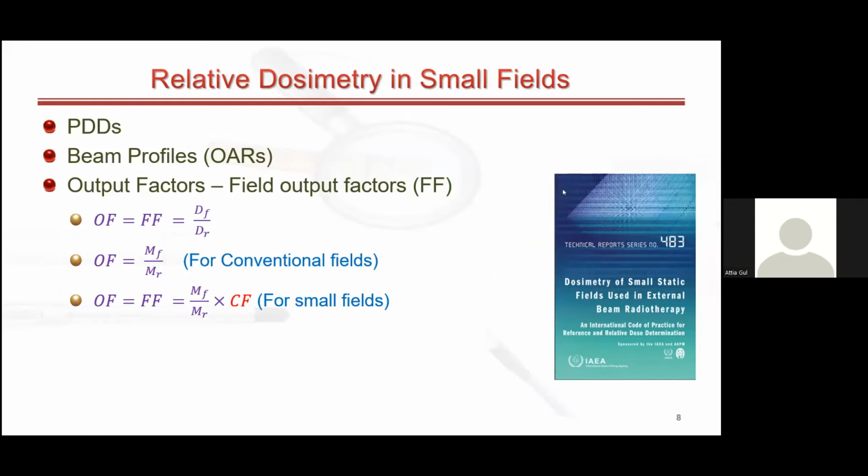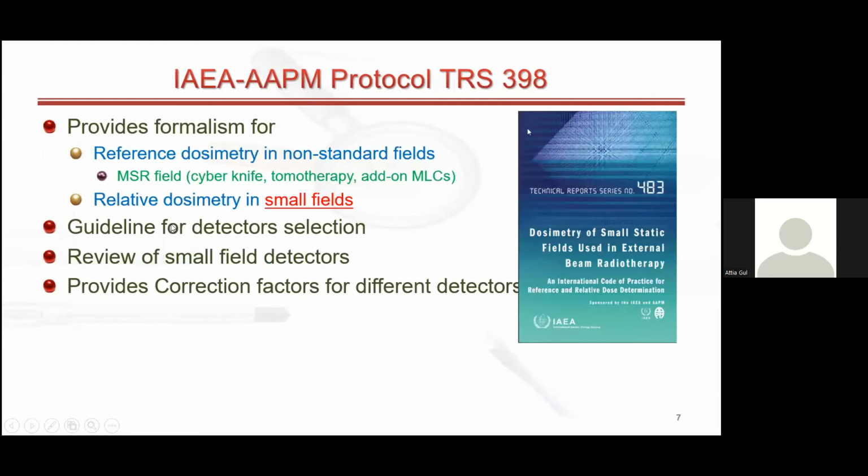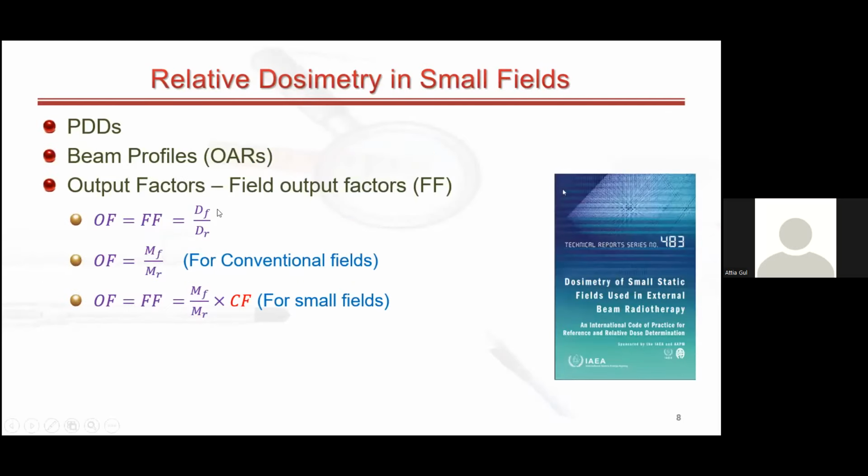So going a bit into detail of relative dosimetry in small fields, as you all know, relative dosimetry includes measuring percentage depth doses, beam profiles, and output factors. But for small fields, output factors are termed field output factors in this code of practice. Output factor or field output factor is simply a ratio of dose in a given field to dose in the reference field.